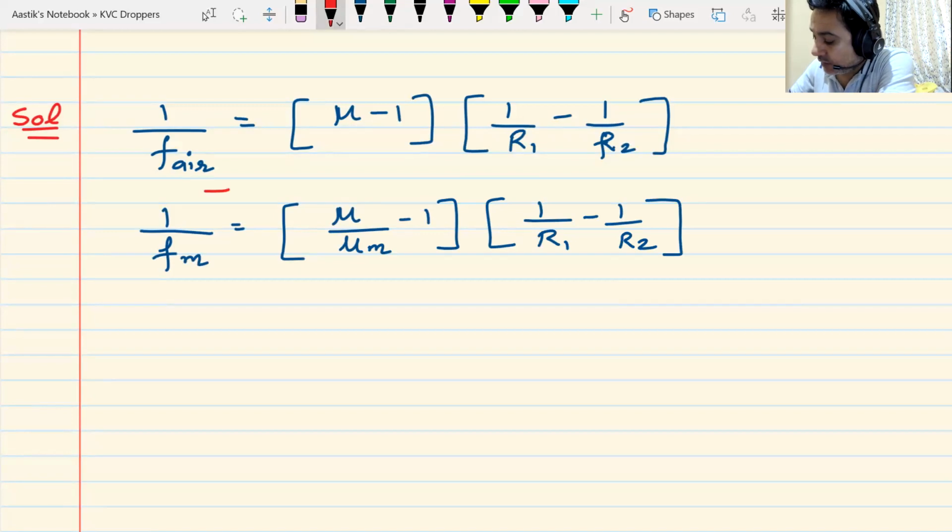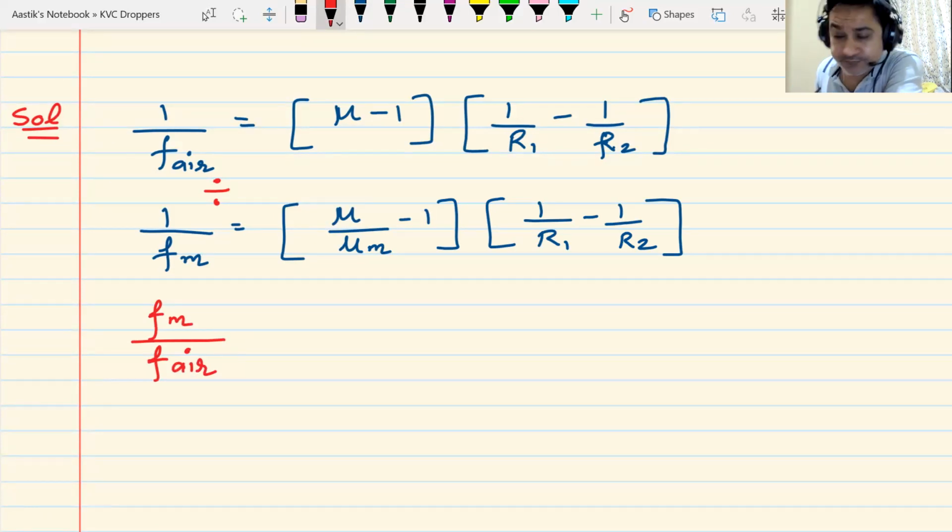What if I divide these two equations? When I divide these two equations, what do I get? On the left hand side, I will have focal length in the medium divided by focal length in air. Do we understand this? Yes, sir.